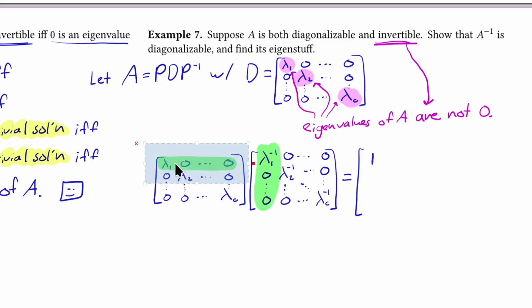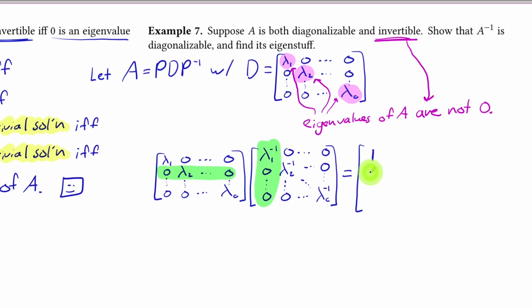If we get to row 2 column 1, we're doing 0 times this non-zero thing plus this non-zero thing times this 0 plus a bunch of other zeros. So this is going to be 0. And you can see why everything else is going to be 0, maybe.